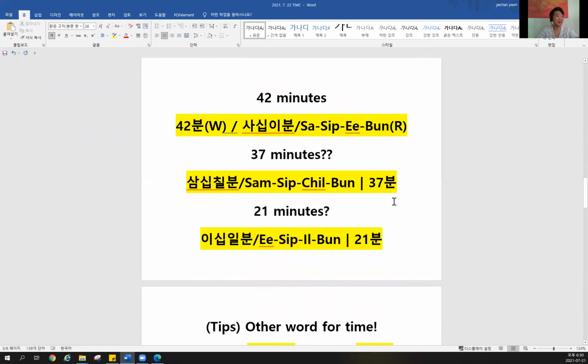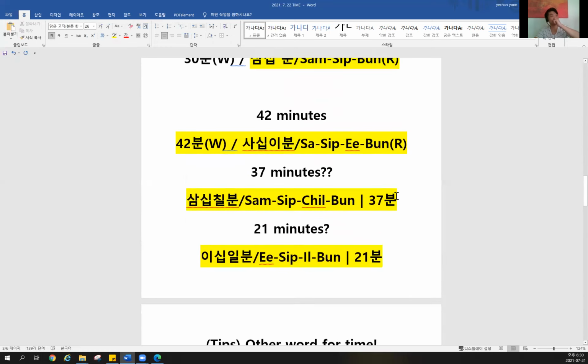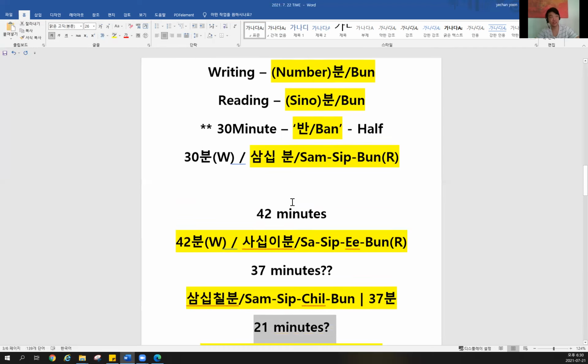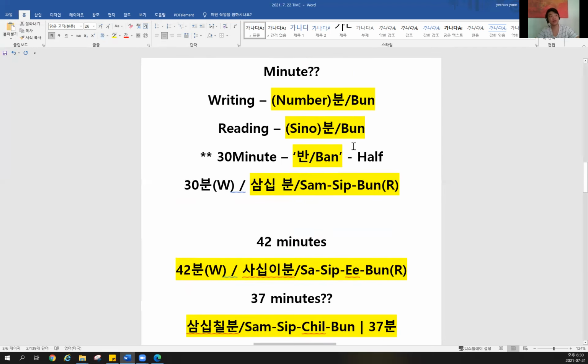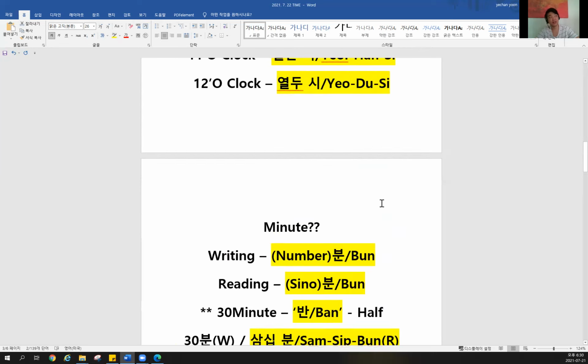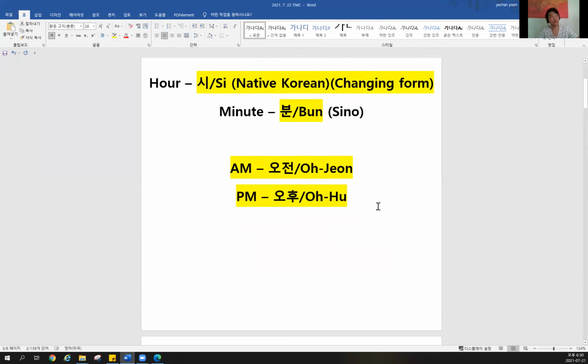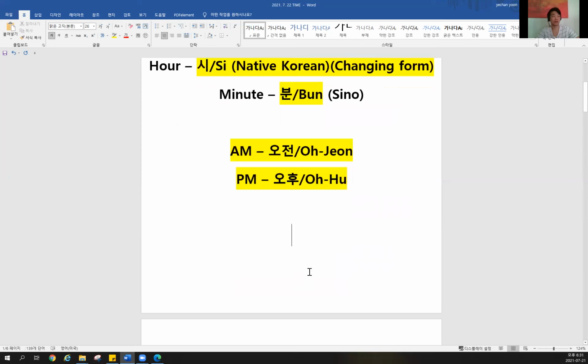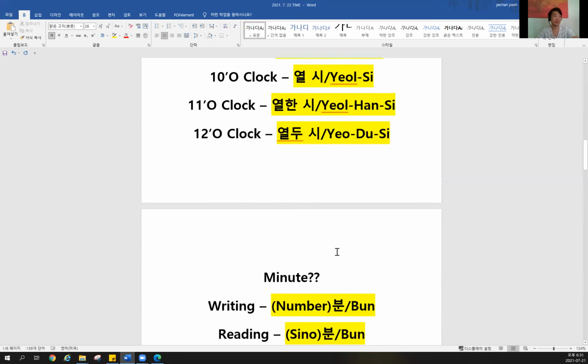Like this then. All right. Okay, please don't forget about this one. 42 minutes and 37 minutes is 37분, using the Sino to read, but writing with the number and 분. Okay? How about the hour? You can read it with the native Korean, but writing is going to be what? Okay, I'm going to copy and paste it.